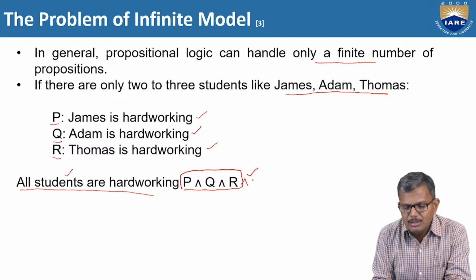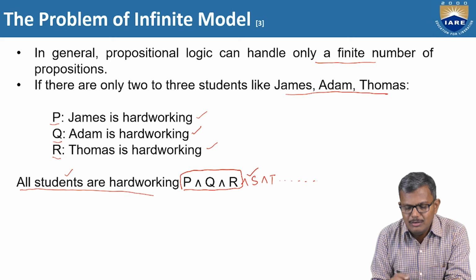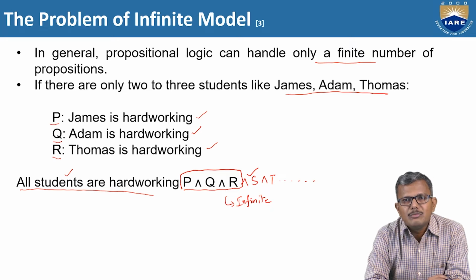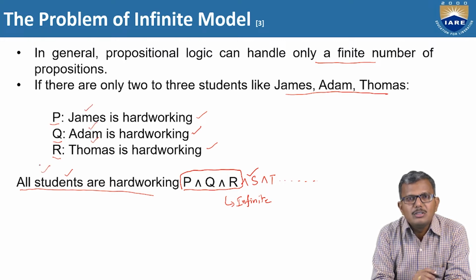Again I need to keep some S, some T. I should go on representing like this. So we are going into an infinite loop. Why? Because all are talking about only one particular thing, that is being hardworking. The only difference is that in one case we are talking about a specific student, and here we are talking about all the students.